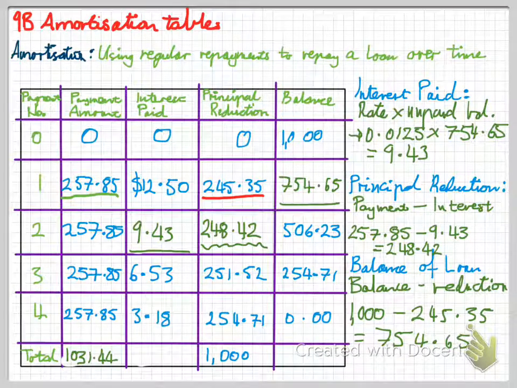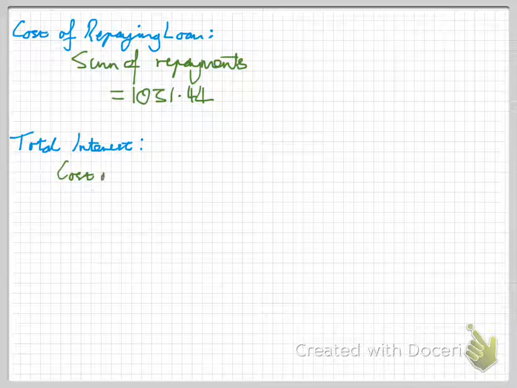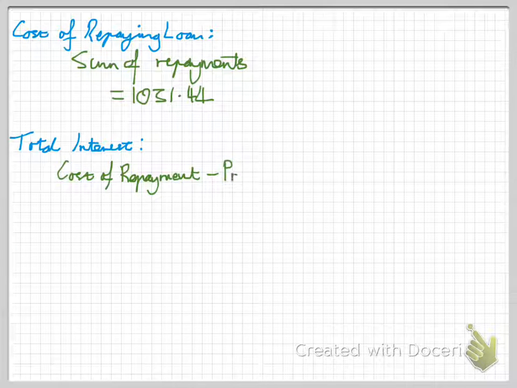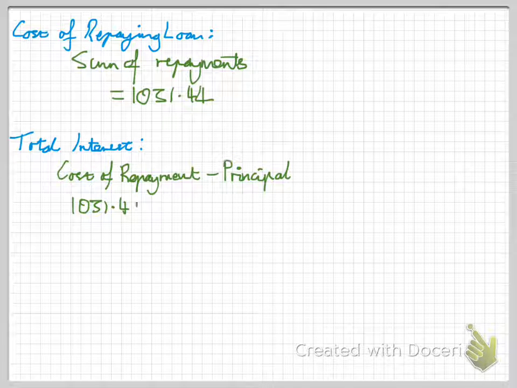Then the total interest paid, see that here, is the cost of repayments minus the principal. So the cost of the repayments was, as we said before, $1,031.44.